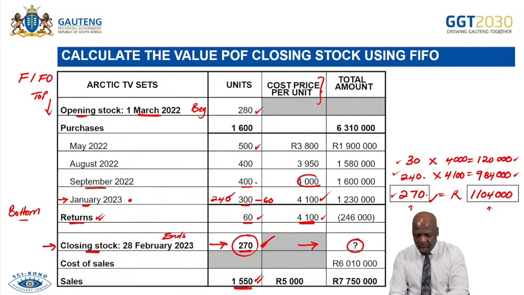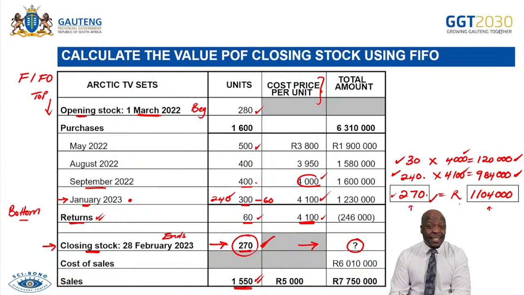I get my 240 here, then cost price, then I get the total. Then I say 270 minus 240, 30, and multiply by the cost price, which is 4,000. Then I get my 120,000. Eventually, I add up everything and I get my 1,104,000. That is your first in, first out.